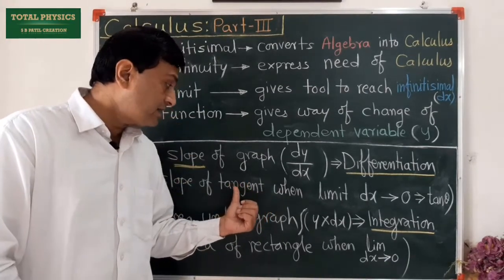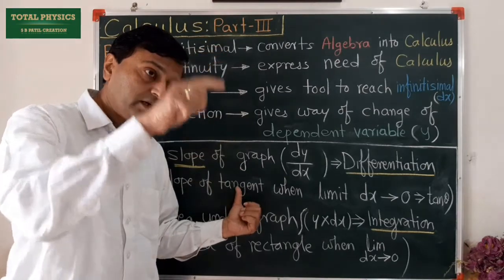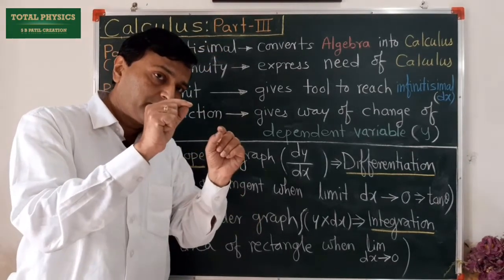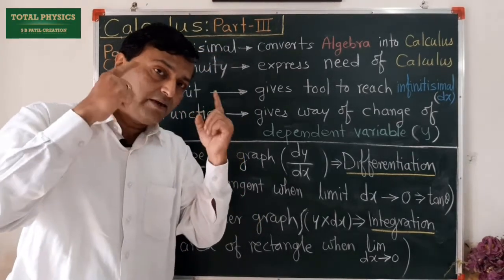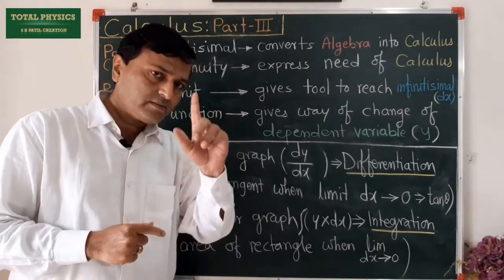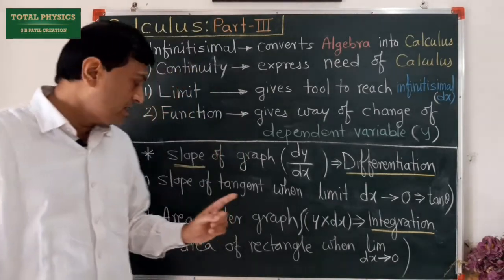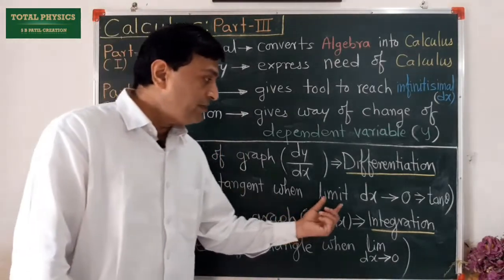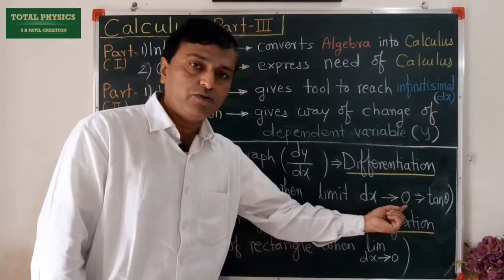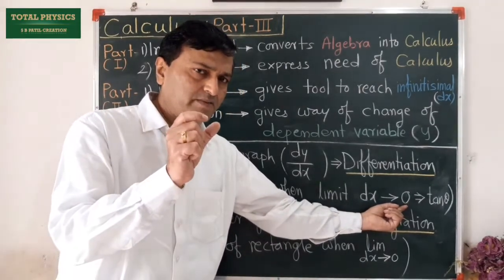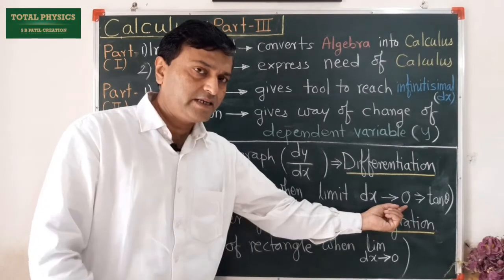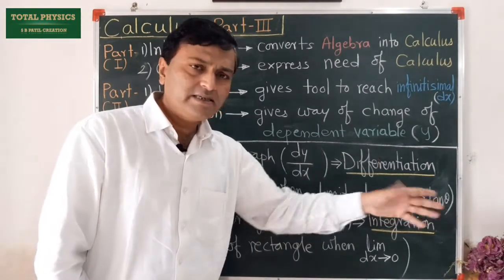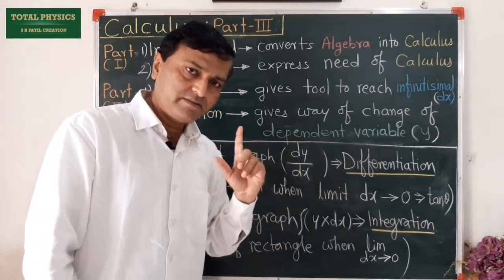That's why a curve having one line which touches in only one point, that is tangent. Slope of tangent when limit dx tends to 0, when dx becomes very small, infinitesimally small. You can see slope is tan theta.